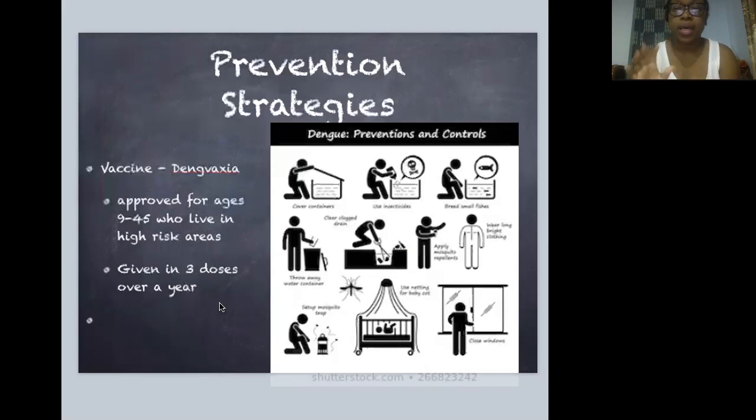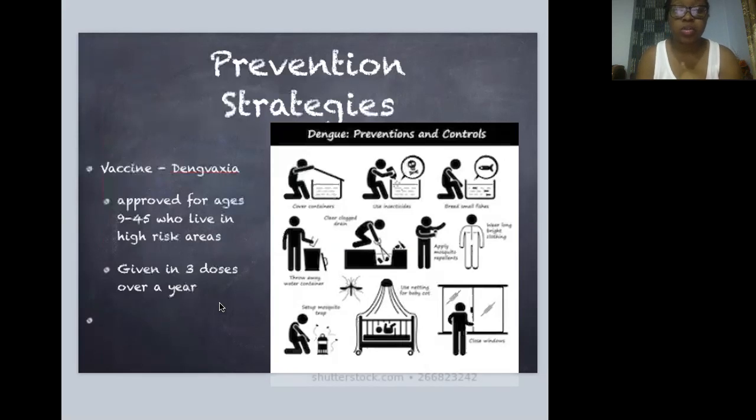That helps get rid of the larvae, the mosquito eggs. You need to throw away all water containers. Anything that can collect water, throw them out if you don't need them. Unclog drains, because clogged drains can cause accumulation of water, and accumulation of water and stagnant water is a conducive place for breeding of mosquitoes.